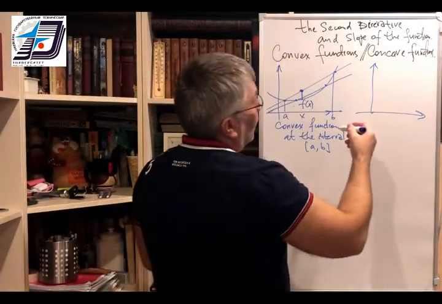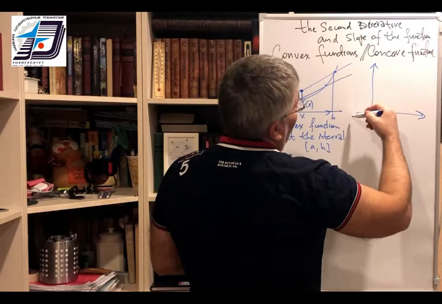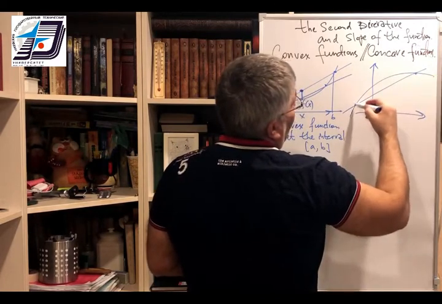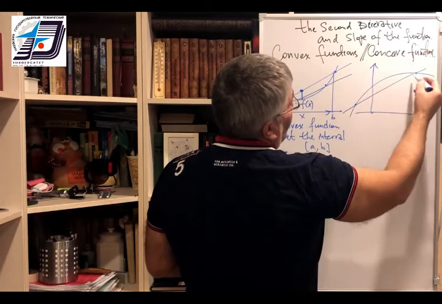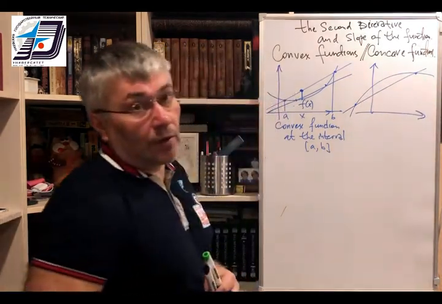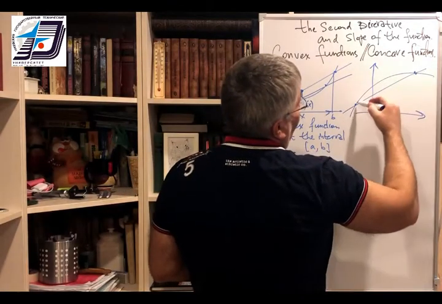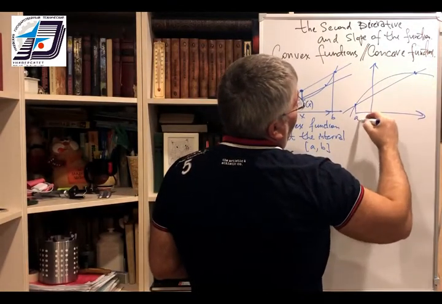A concave function, otherwise, has a curve such that the curve is always above any secant line. I put here AB.